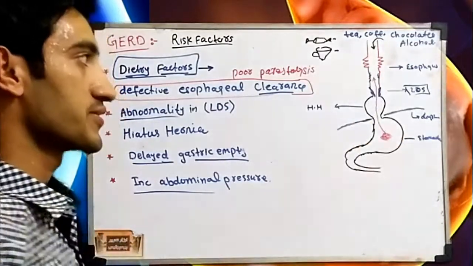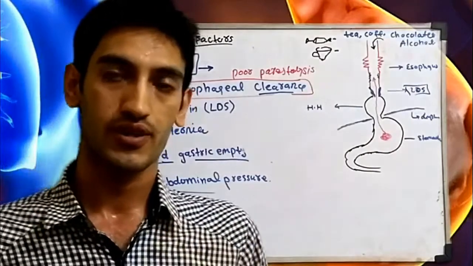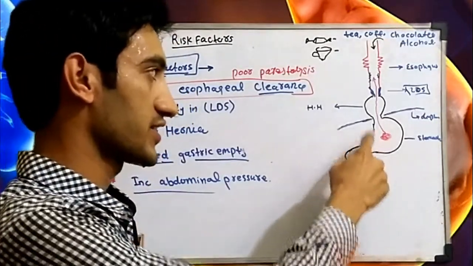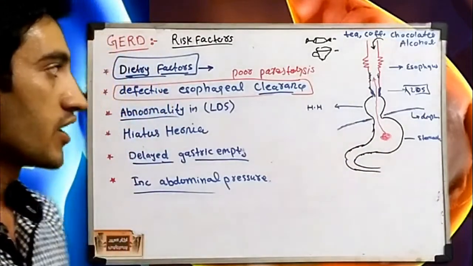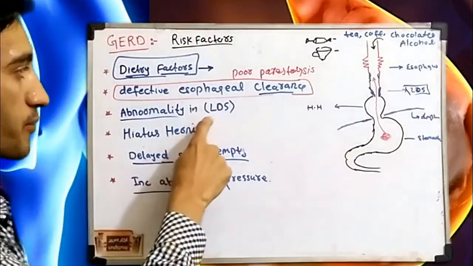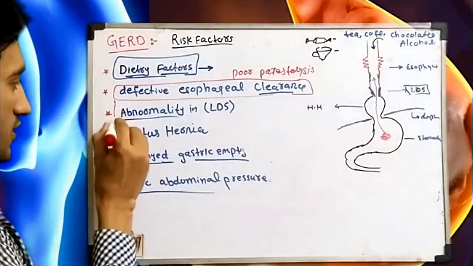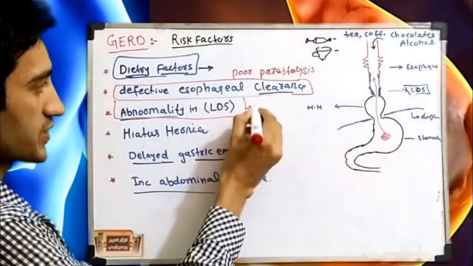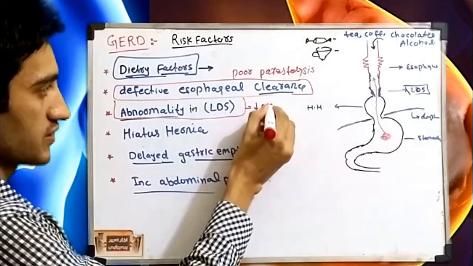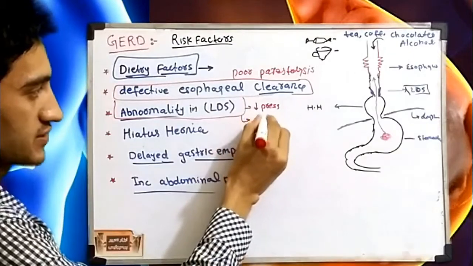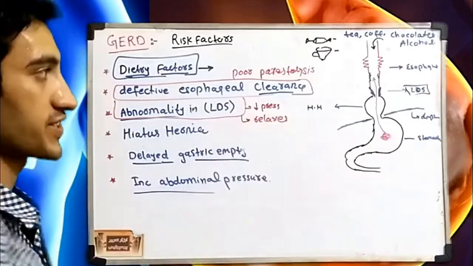Normally it prevents the backflow of gastric contents into the esophagus. But whenever there is any abnormality in the lower esophageal sphincter, for example, if the pressure decreases or when it relaxes, normally it is contracted.